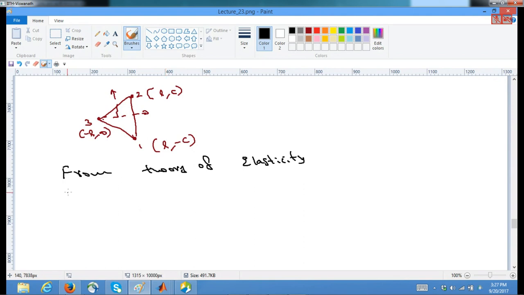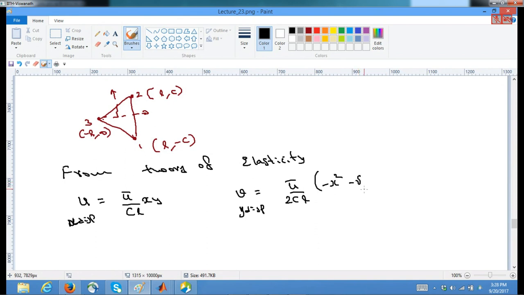The correct displacement field associated with this pure bending is given as u equals u bar, and v is the y displacement, this is the x displacement, where u bar is some coefficient.